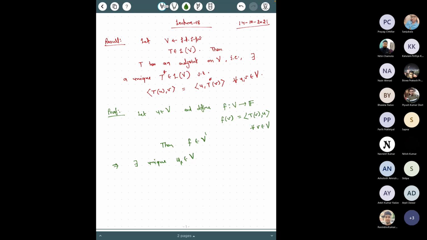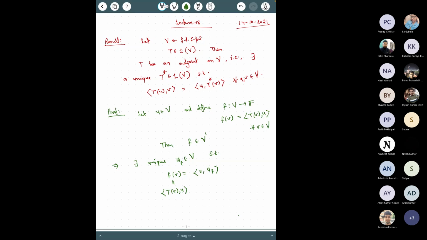There exists a unique vector, denote it by u_f, such that f of v is equal to the inner product of v with u_f. But then what is the left hand side? The left hand side here is the inner product of T v with u.